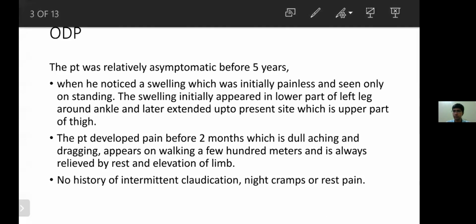So the pain in intermittent claudication appears after walking for some distance. Yes. Then there are 3 points for all those who attended the lecture last time. The first point is that it relieves in less than 5 minutes also. And it is reproducible.